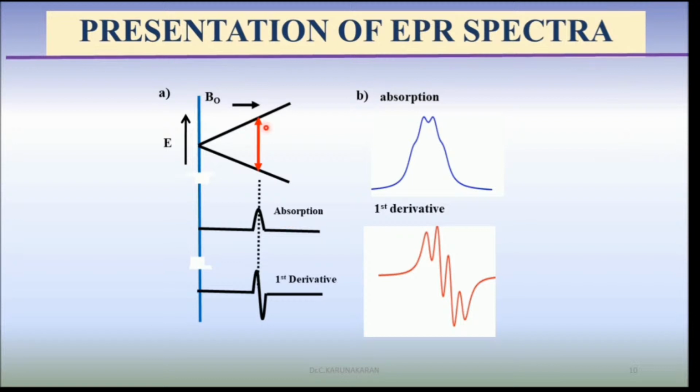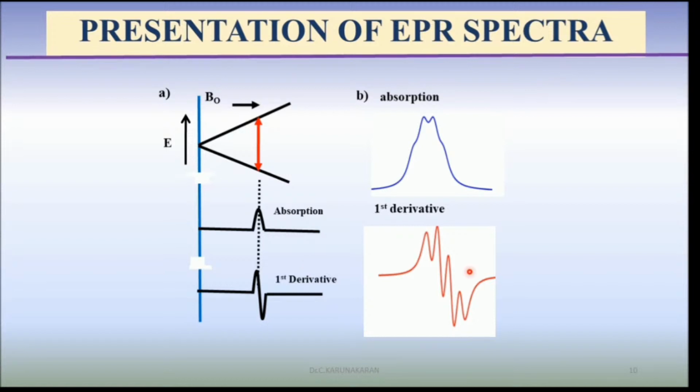Because of the transition between the two electron spin states, there will be an absorption signal. The absorption signal, as you see, is not well resolved. There are so many peaks; it is buried. So in EPR, the signal is always presented as a first derivative.